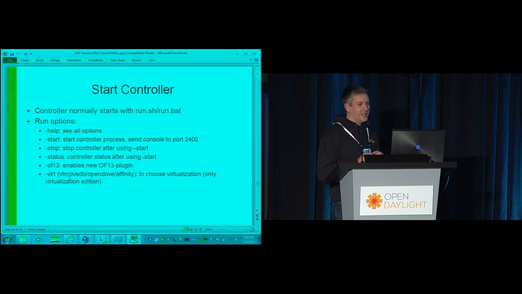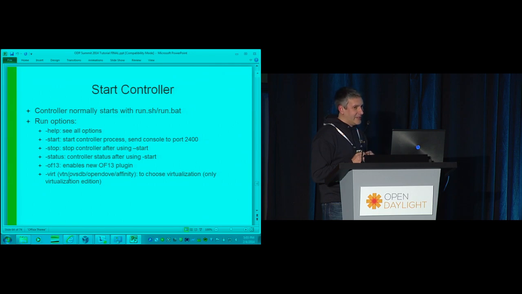The only thing is that if you are interested in virtualization, for instance VTN, DOVE, or Affinity, you had better check first whether or not they support the new OpenFlow plugin. I can tell you already, because I'm working on this test. The only one that really supports the new OpenFlow 1.3 plugin is OVSDB. OVSDB was working in the last weeks to make the new OpenFlow 1.3 plugin work in their project. But VTN, DOVE, and Affinity, I don't think they're supported yet with the new OpenFlow plugin.